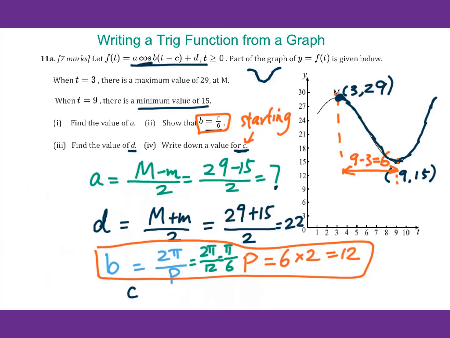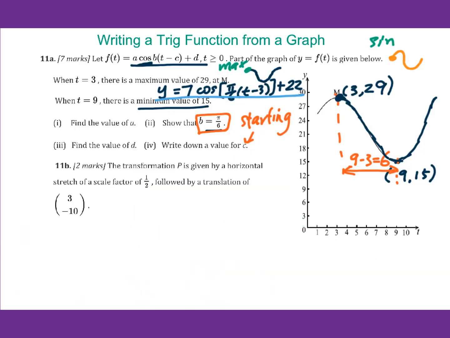Therefore, C equals 3. Remember, for the cosine the starting point will be the maximum. But for the sine, you have to start from the midline. Since we already figured out A, B, C, D, you will write down this function.